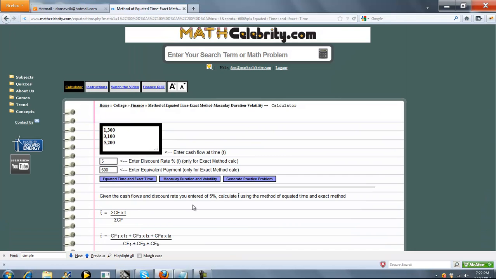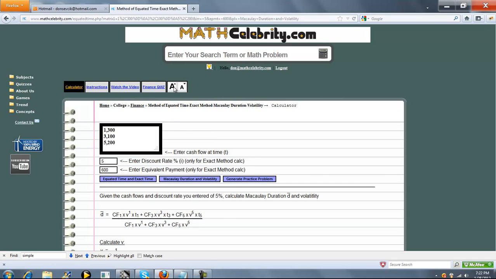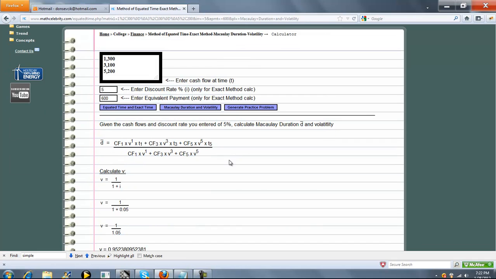Now let's run that same cash flow scenario, but do Macaulay duration and volatility. So you press this button, and again, this formula is similar to what we saw last time, but now we're discounting each cash flow times the time back to time 0. The difference between this and the equated time is we've got this v factor.